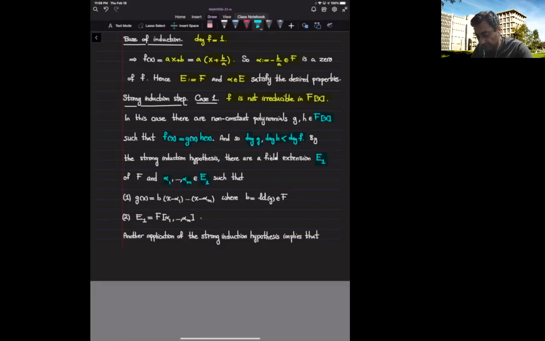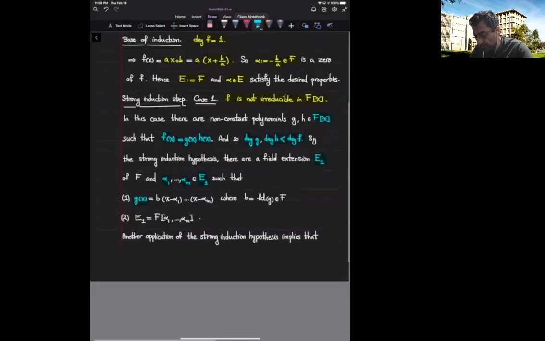First of all, g can be written as a product of these degree 1 factors, x minus alpha 1, x minus alpha 2, and so on, and possibly I need to multiply it by the leading coefficient of g. Notice that in this decomposition, I'm not claiming that the alpha i's are distinct. In fact, I might have repetition among them.